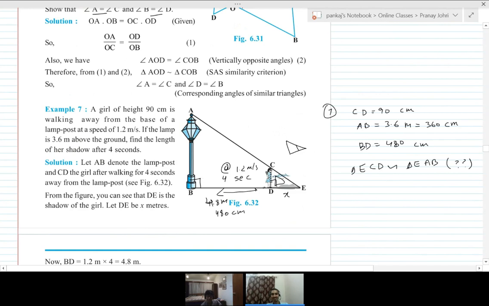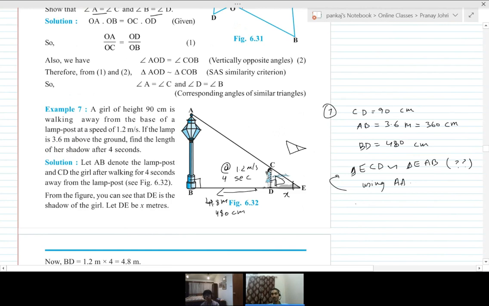So we can assume this as 90, and E is common for both these triangles. So using AA, these are similar. You can just write the details. If that is the case, then we can use the ratios of the sides.